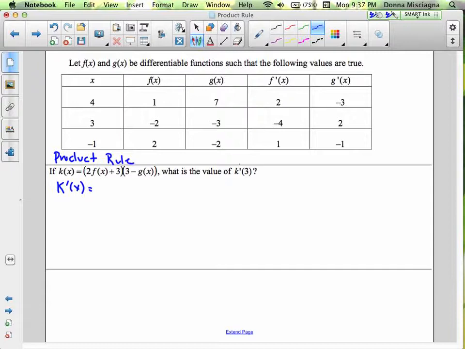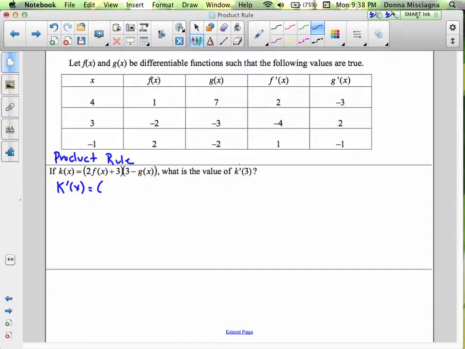And actually, do I want to... it might be easier. Well, we could do this one of two ways. We could multiply it out, or we could use the product rule.